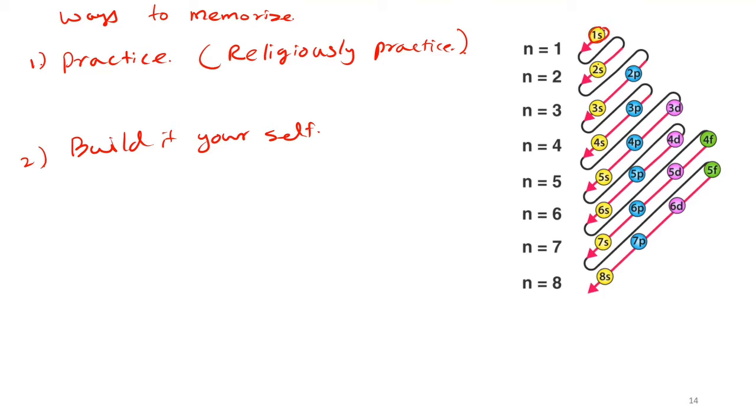You can write 1s, 2s, 3s, 4s in one column, and then all the 2p, 3p, 4p, like this in a pattern. You have the 3d's, the d's and the f's. And then you draw diagonal arrows, and connect the heads and tails of these diagonal arrows, and that will give you the filling order.